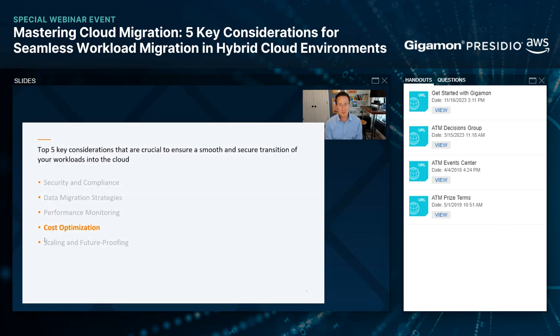And we typically believe that customers can easily save money when you do a total cost of ownership comparison between on-premises and AWS, even at a base level of just lift and shift migration, in the order of something like 20%. Don't hold me to it, but generally.